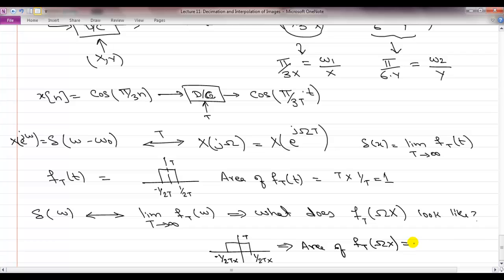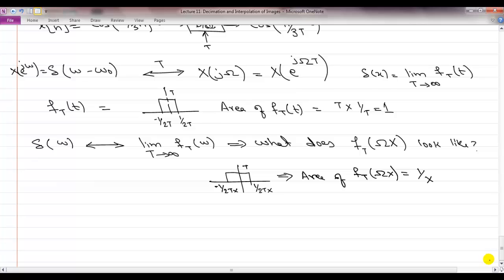It's 1 over X. So if I want to make it an area of 1, what should I do? I should multiply this amplitude with capital X. If I multiply it with capital X, then my area of X times f_T of omega X is equal to 1.